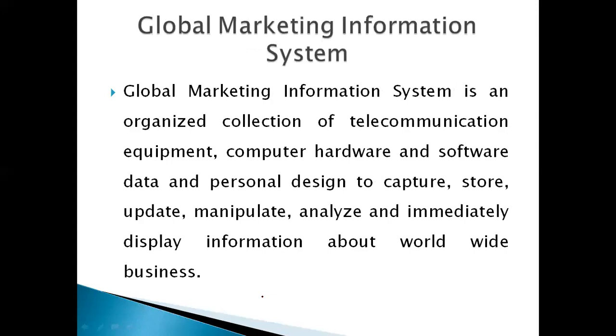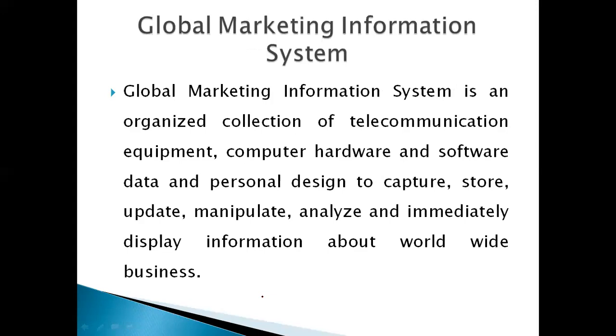Global marketing information system is also similar to the marketing information system, but here we are going to give a global approach to it. Okay. So now it involves different countries' customers, different countries' governments, different countries' business partners, right?